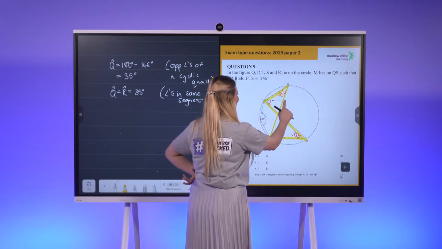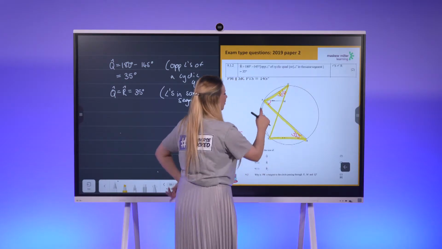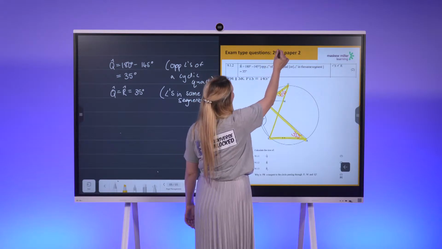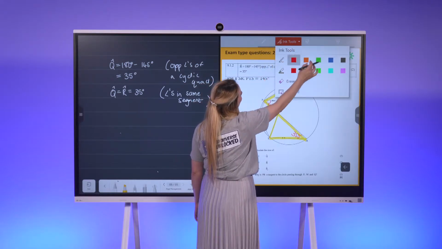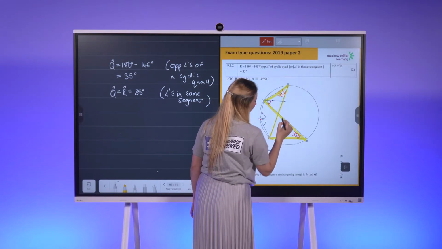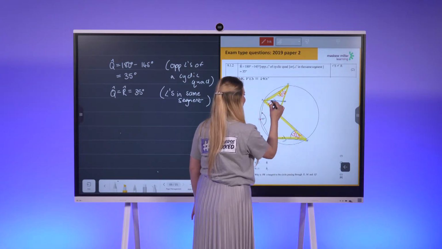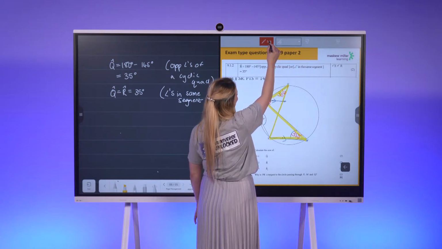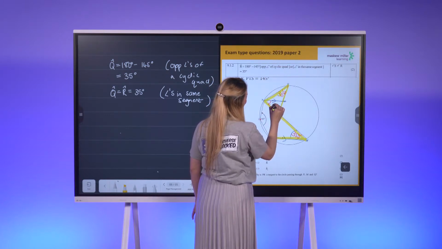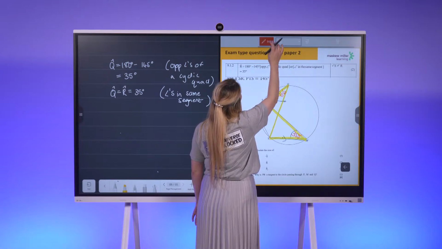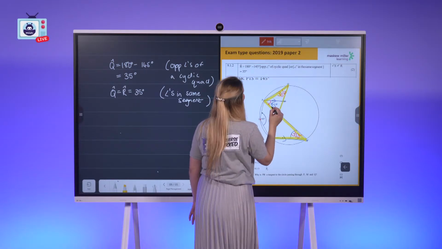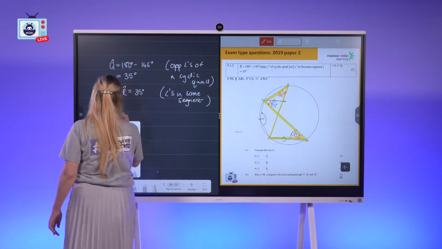I'm seeing the parallel lines over there. Let me highlight those parallel lines quickly. PM is parallel to SR. And that means we have alternate angles over there. P2 is also equal to 35 degrees. Let's write our reason.